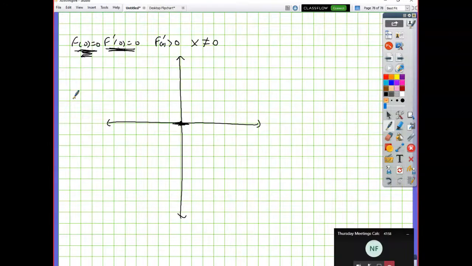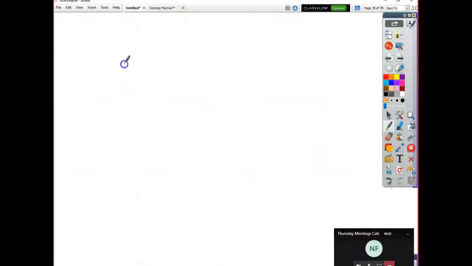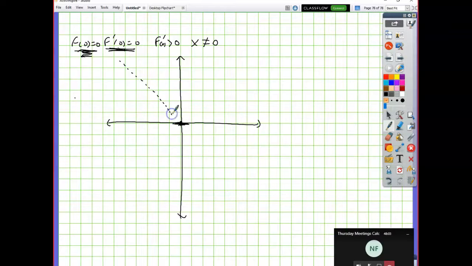Absolute value? Then 1, I guess, like slope is 1. Well, except that I have a slope of 0 right here, don't I? So don't I have to go uphill until I get to the middle, and then go flat for a little bit, and then go uphill some more?